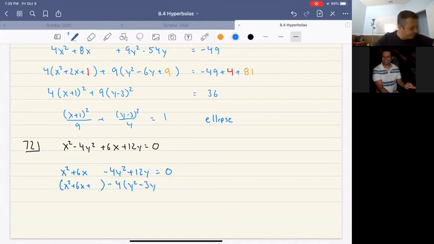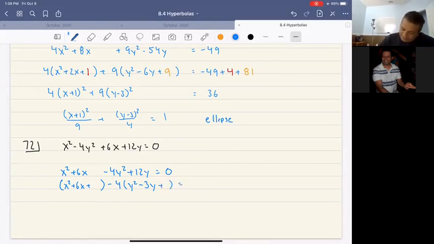Oh man, for some reason I thought I'd written it wrong, but no, everything's fine. It's x squared minus 4y squared. I just didn't think I'd get fractions. But that's okay, we'll deal with it.